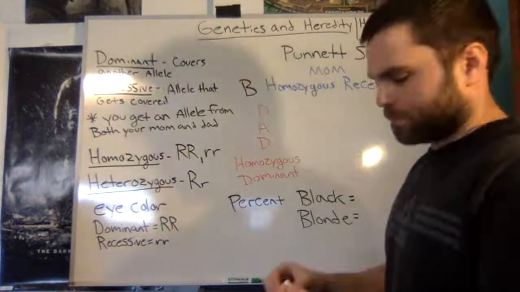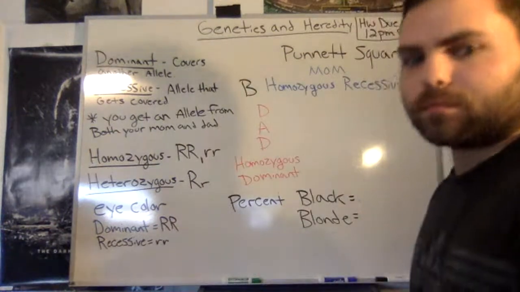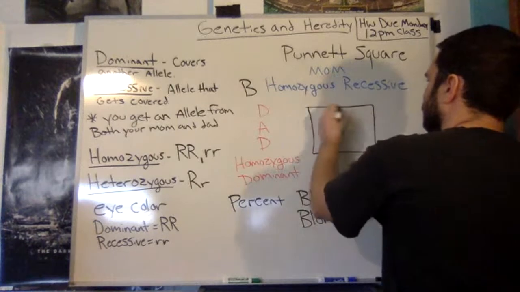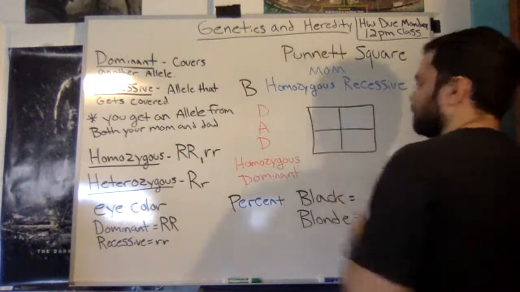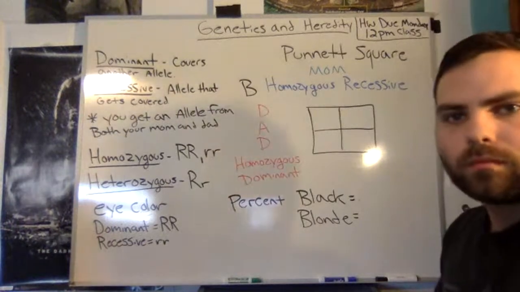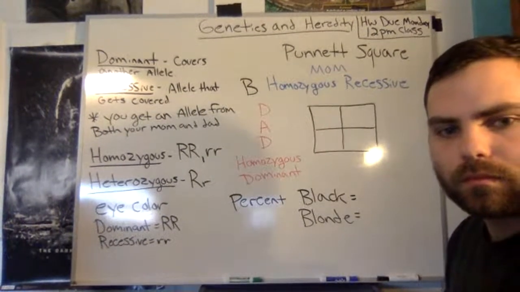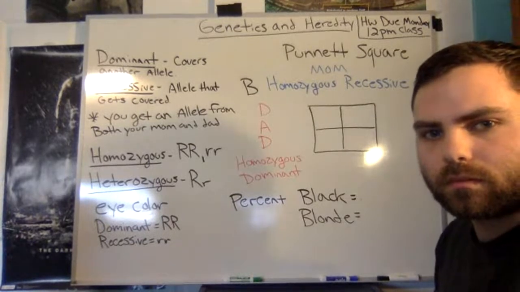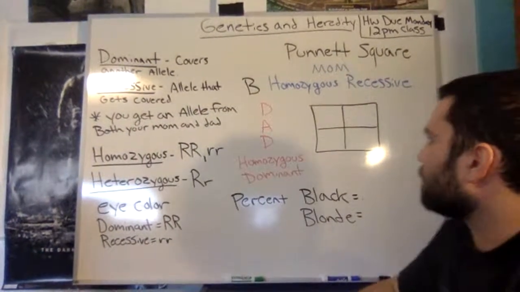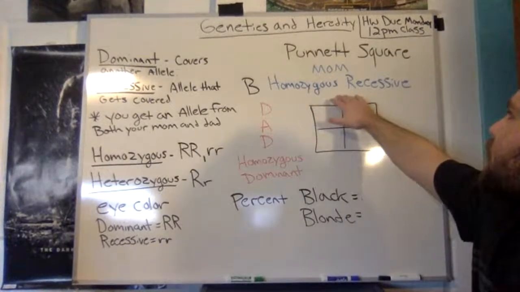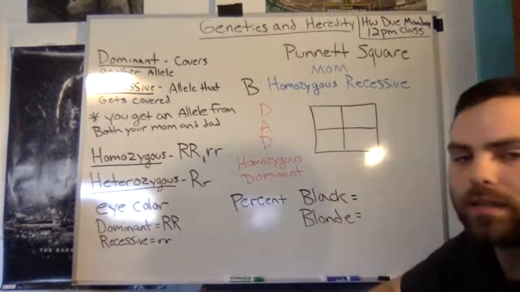While you guys are doing that, I'm just going to set up my Punnett square. I'll give you guys a little bit of time. Remember, mom's homozygous recessive, dad's homozygous dominant.